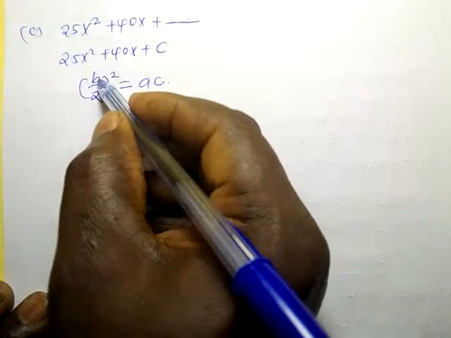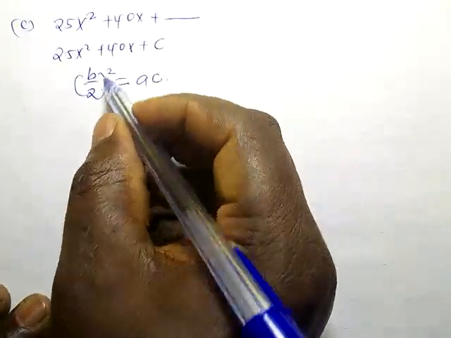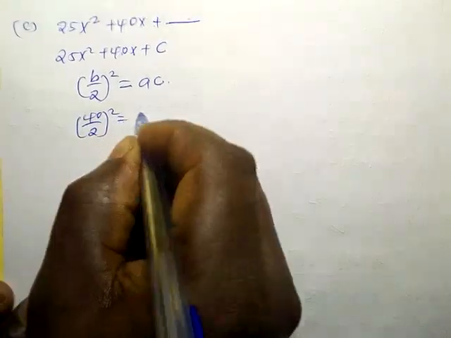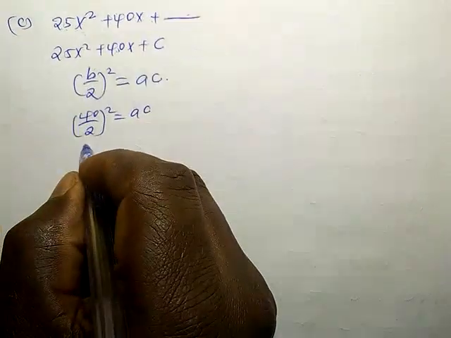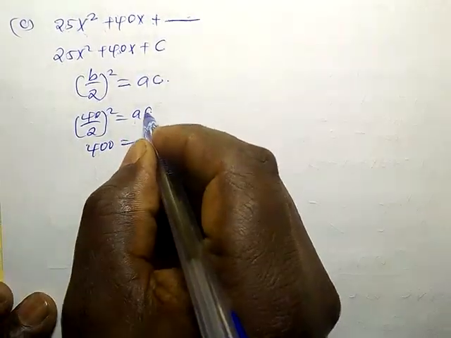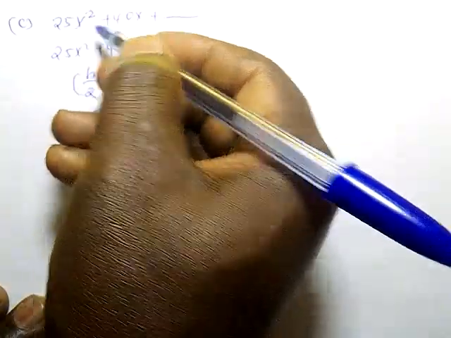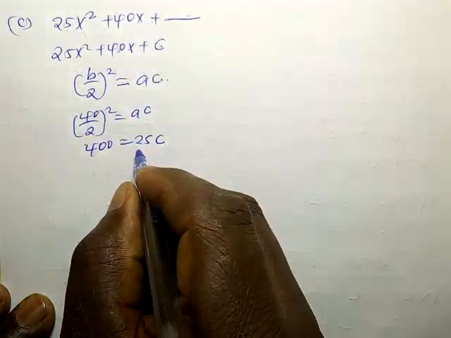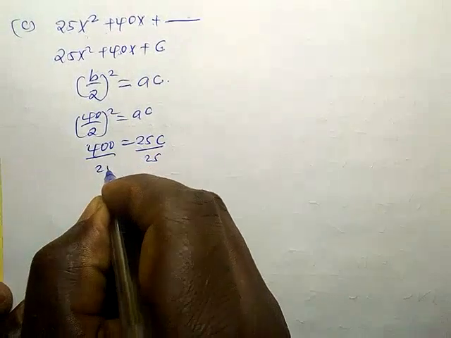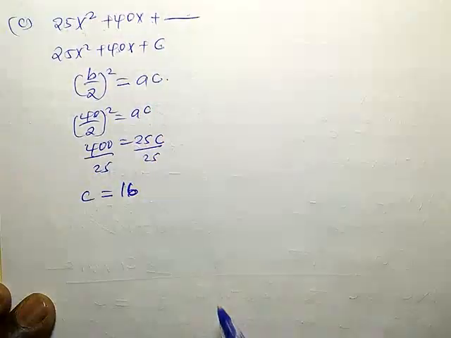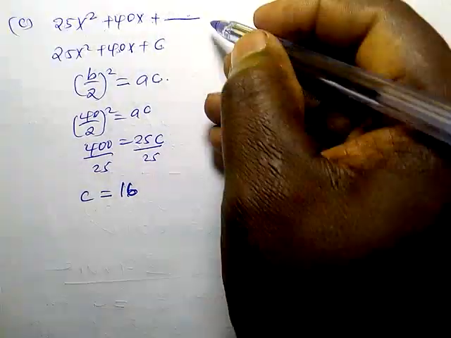We have b, our b is 40. So 40 divided by 2 squared, the answer is ac. This is 20 squared, which is 400, equal to ac. A is 25 times c. So divided by 25, our c equal to 16. So our constant c is 16.